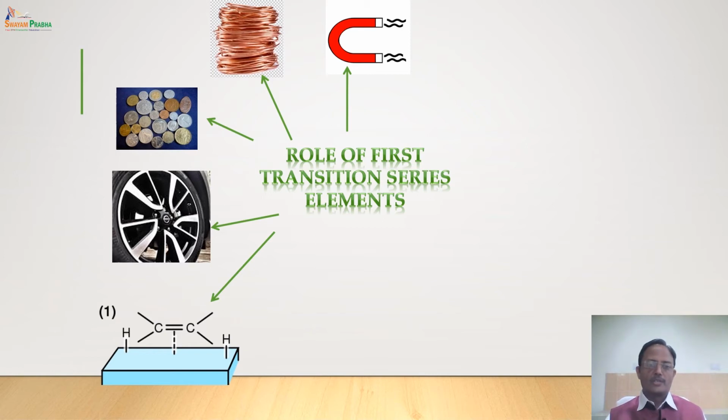Many of these elements you must have heard about: Raney nickel, finely divided nickel, finely divided platinum, platinized platinum. All of these are transition elements and they are used in various organic as well as inorganic reactions as catalysts.